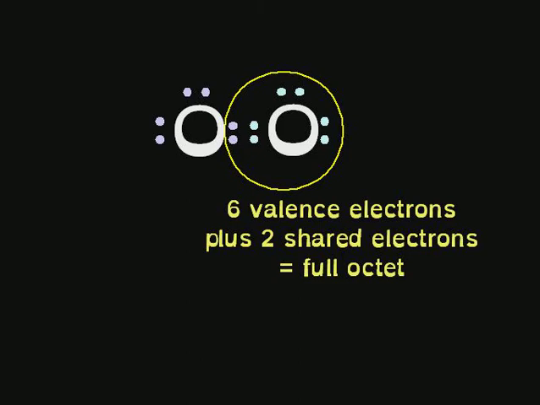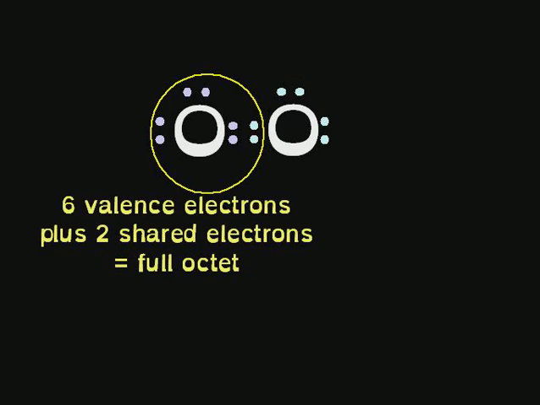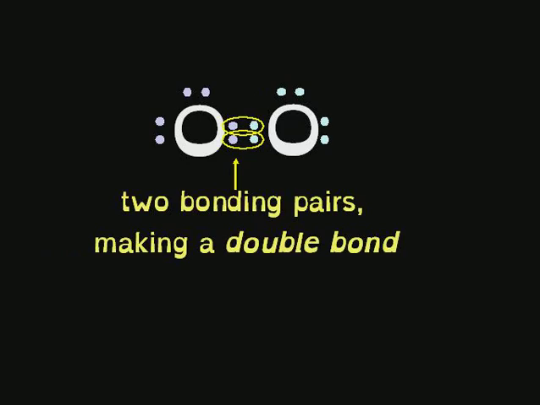Because of those 2 shared pairs in the center, you're going to have a total of 8 electrons around each oxygen atom, giving you a full octet, basically making the electrons stable.